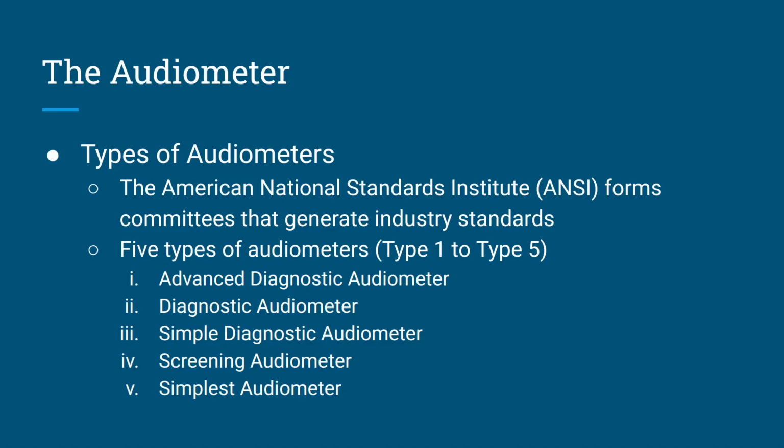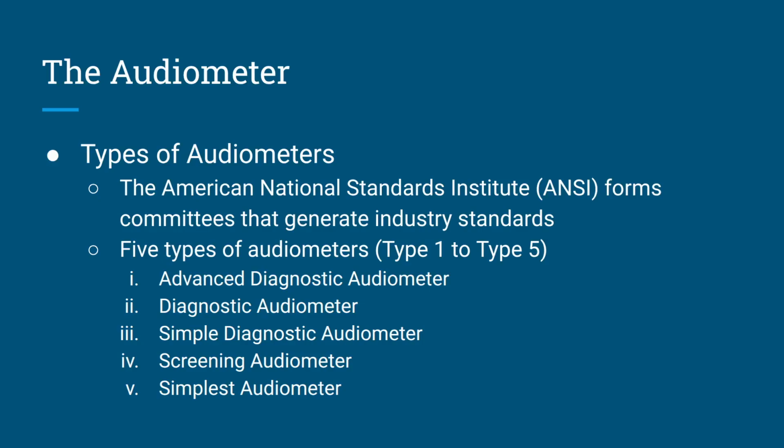Type 1 has 4 transducers available: insert earphones, a headphone like circumoral or supraoral, sound field speakers, and a bone conduction oscillator. So that's 4 transducers. You can measure from 125 to 8,000 hertz via air conduction, and you can measure 250 to 4,000 hertz via bone conduction.